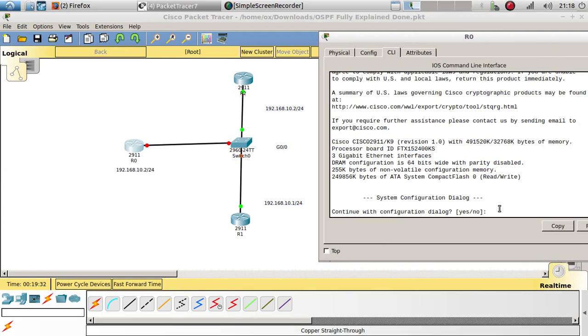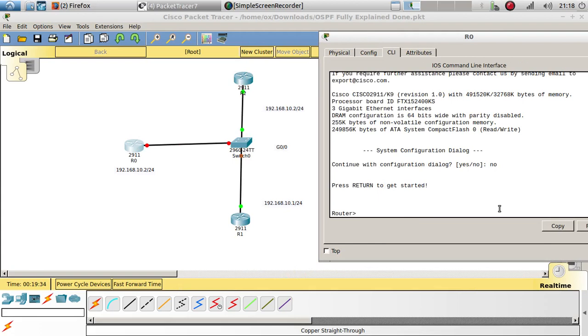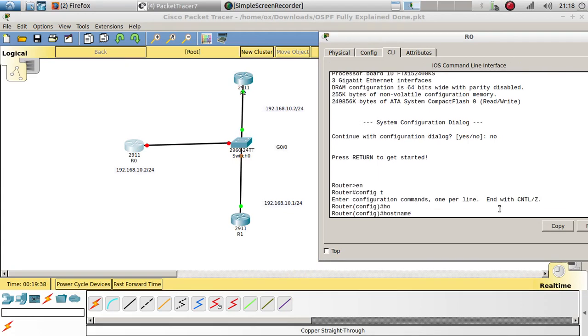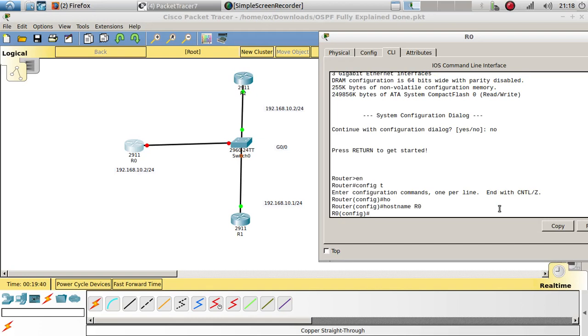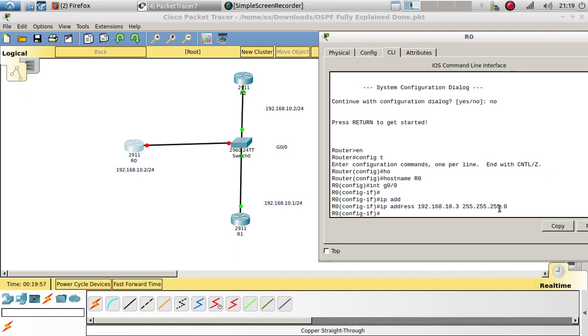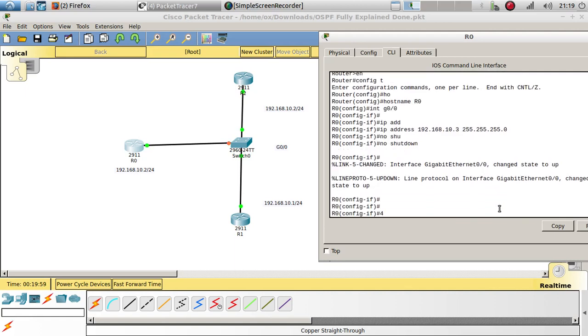Make this bigger. Host name R0. Interface gigabit 0/0. This is going to be 10.3.